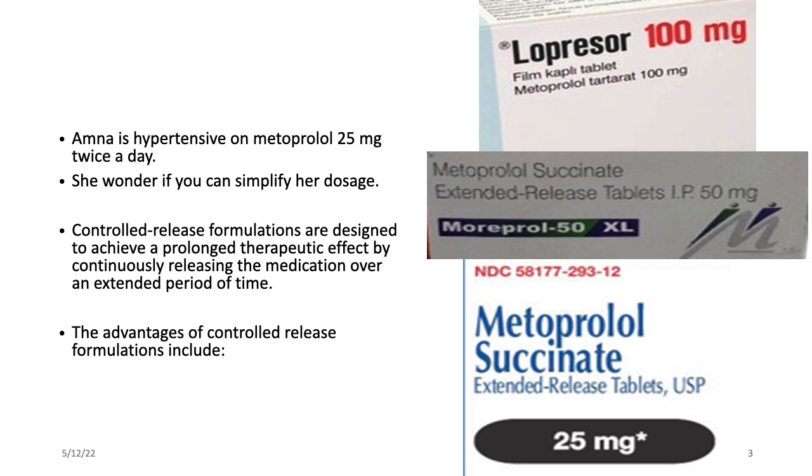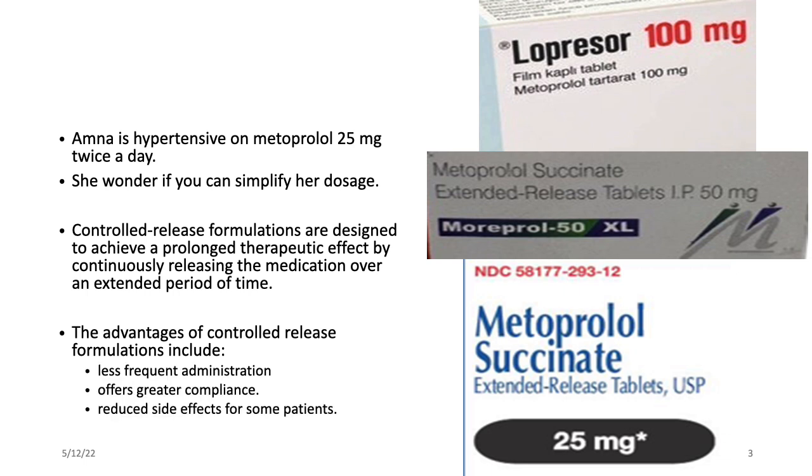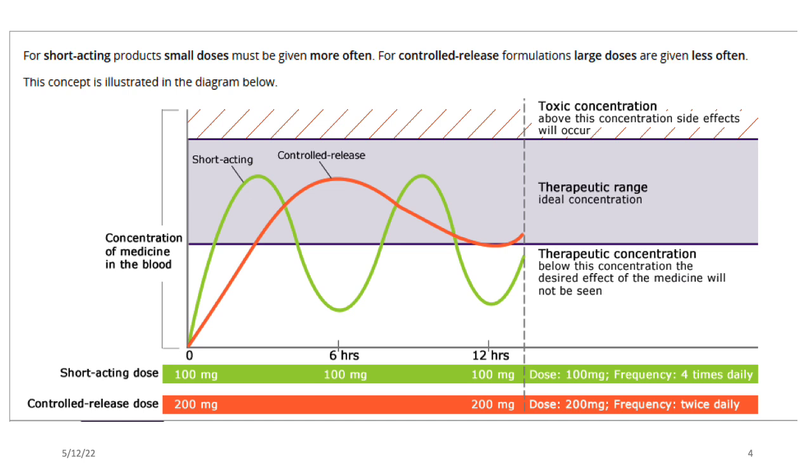Advantages of control release formulation: less frequent administration, often greater compliance, and reduced side effects in some patients. Looking at the difference between immediate release and sustained release, the green line represents the short-acting medication.